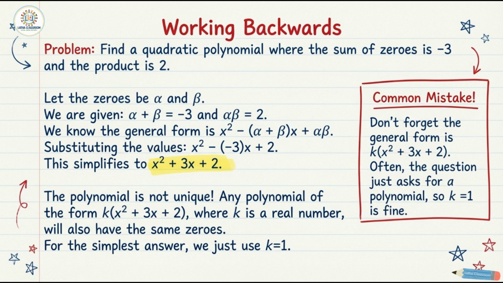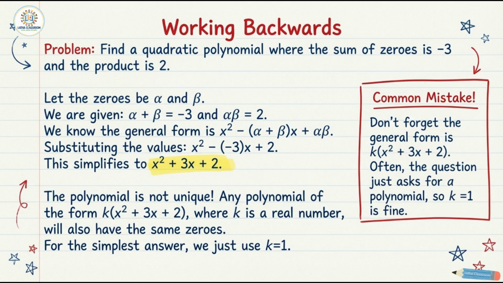Working backwards. Find a quadratic polynomial where the sum of zeros is minus 3 and the product is 2. Here don't forget the general form is k into x square plus 3x plus 2. Often the question just asks for a polynomial, so k equals 1 is fine.